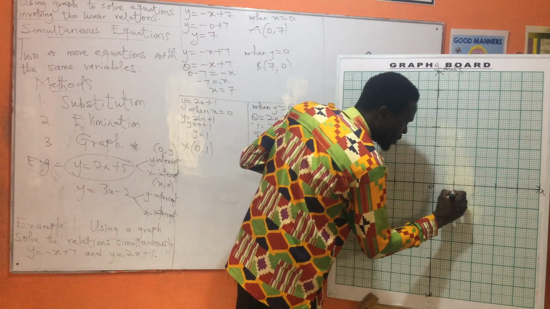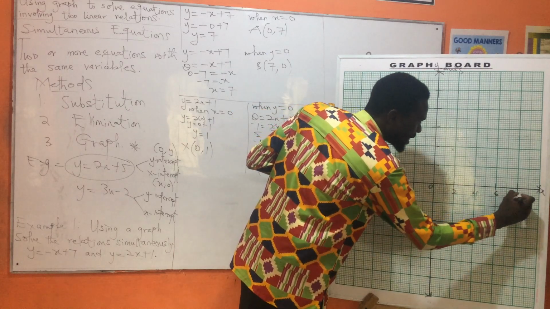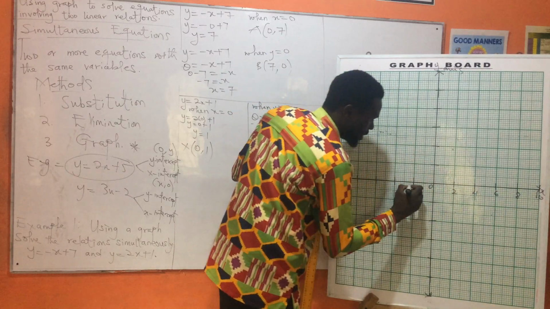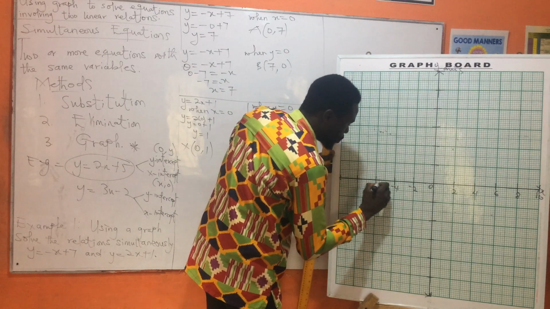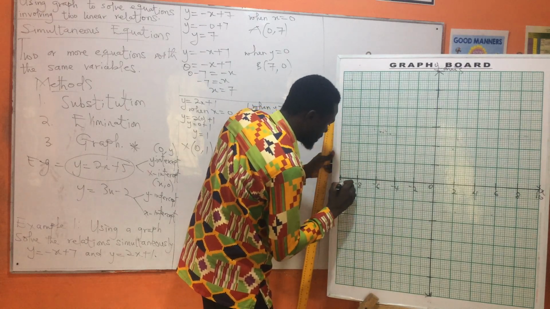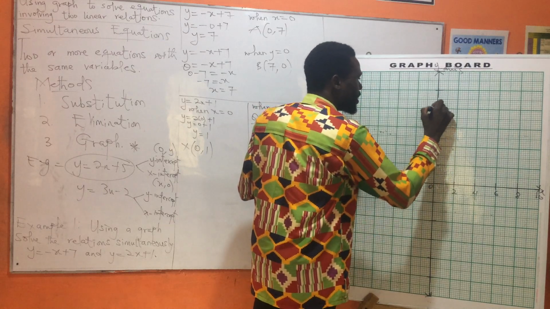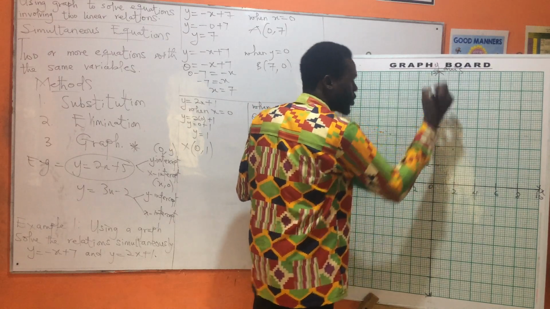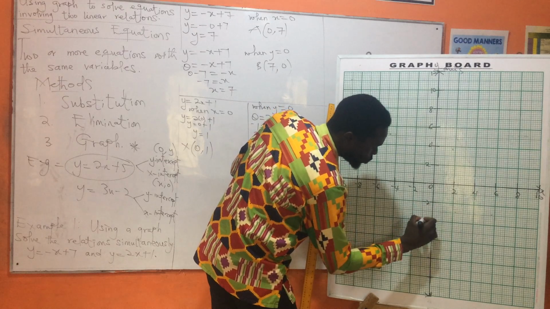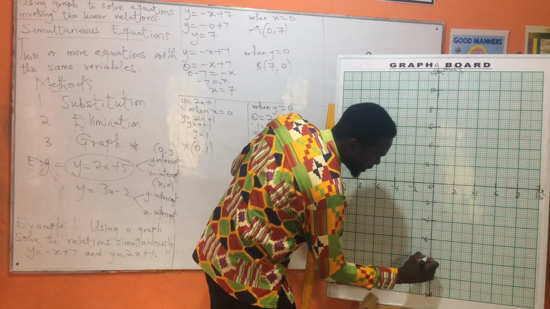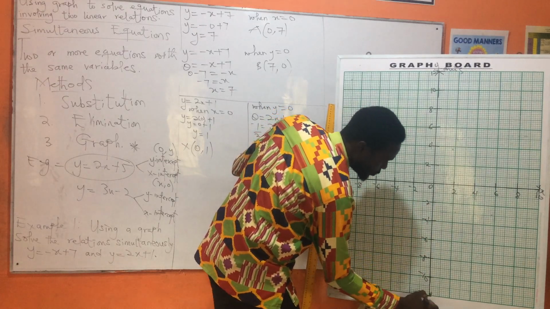So 2 units: 2, 4, 6, 8, 10. Negative 2, negative 4, negative 6, negative 8, negative 10. Then 2, 4, 6, 8, 10, 12, and negative 2, negative 4, negative 6, negative 8, negative 10, negative 12.